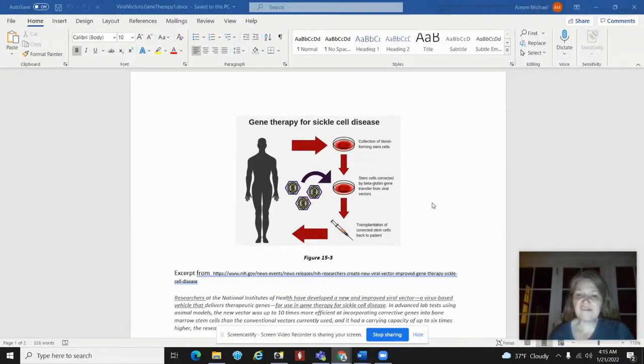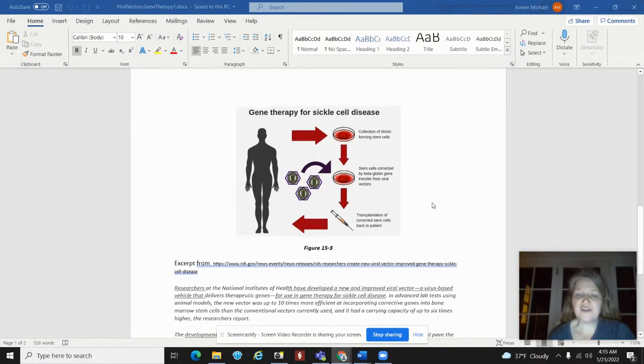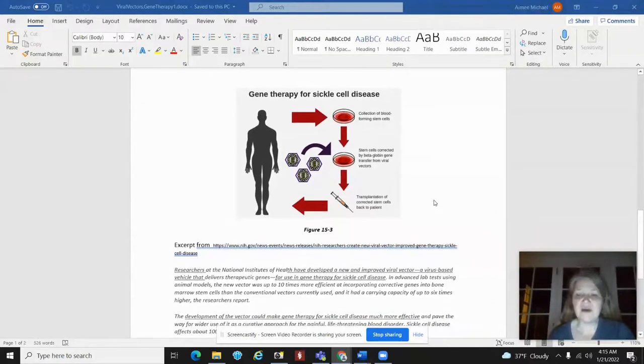And as we've discussed in previous units, sickle cell anemia is a genetic disorder. It is passed down from parent to child. It is a mutation that changes the shape of the blood cells into little sickle shapes, and it causes many problems in the body.